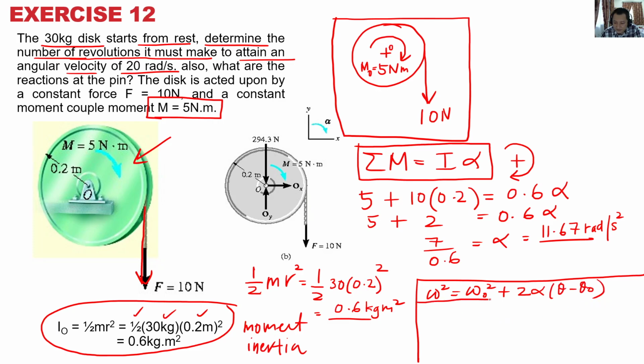Use this formula because there is no time, and you've got theta. So in order to achieve 20, this becomes 20 squared. Omega naught, originally at rest. 2 times 11.67.